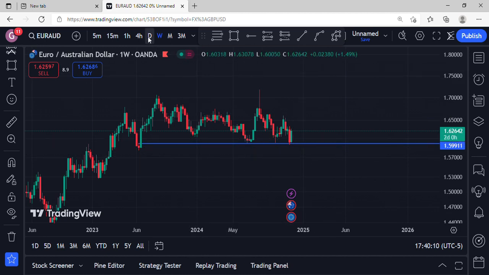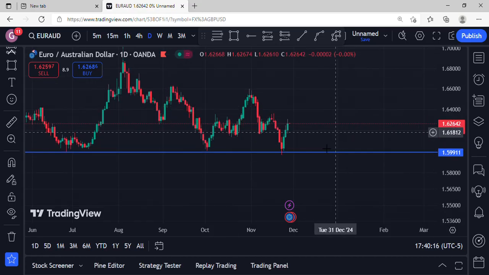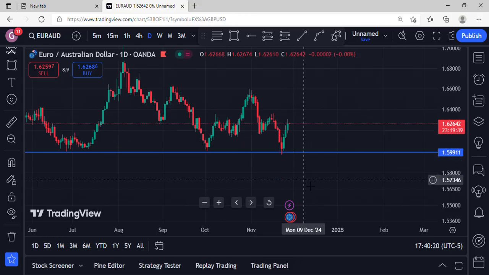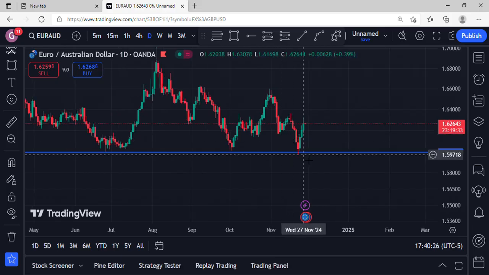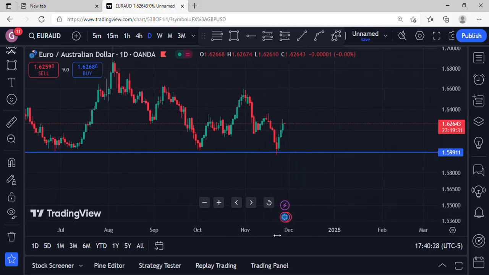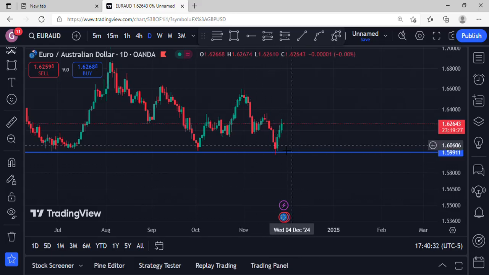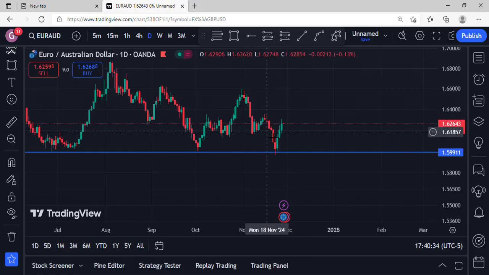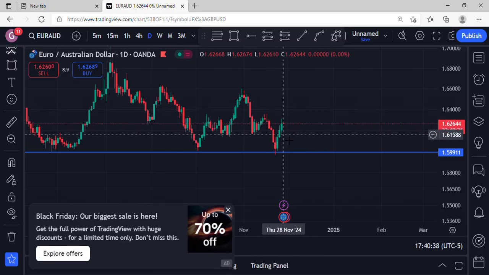Then going into the daily, this was the fair value gap I was hoping would see sales, targeting the lower side, right? But unfortunately it failed. Going into the 4 hour and then the 1 hour would help us understand why price failed, or why this bearish fair value gap failed to offer support here.